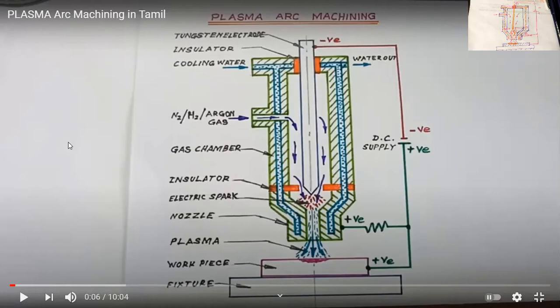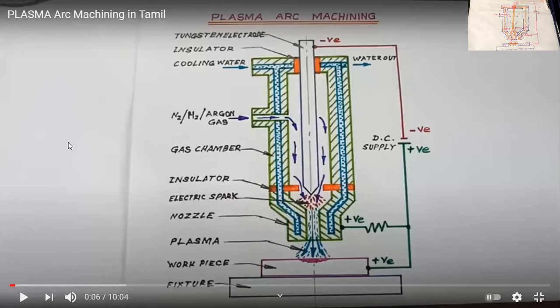The temperature of plasma can be of the order of 33,000 degrees Celsius. When such a high temperature source reacts with the work material, the material melts and may even vaporize, and finally it is cut into pieces.